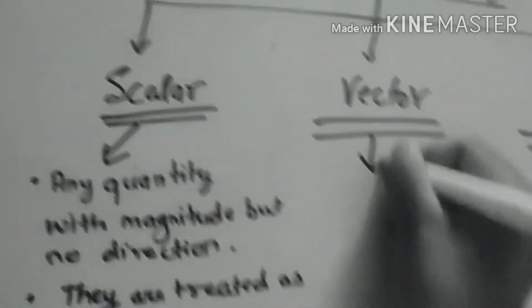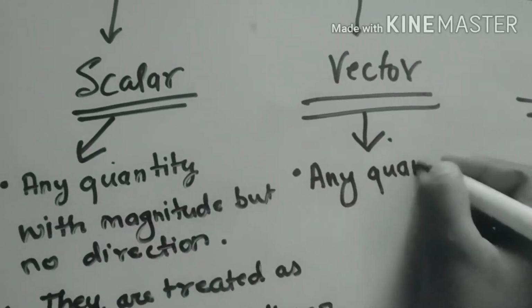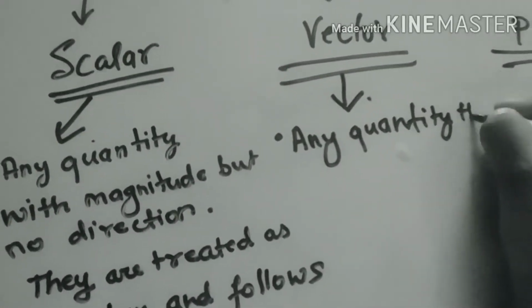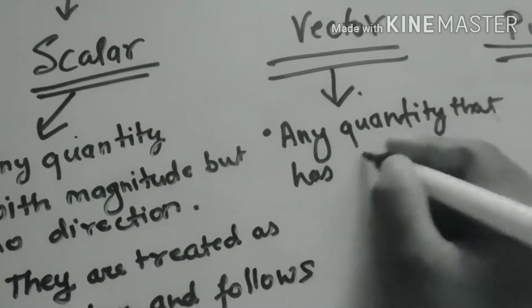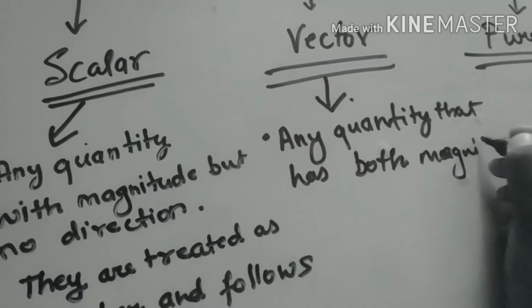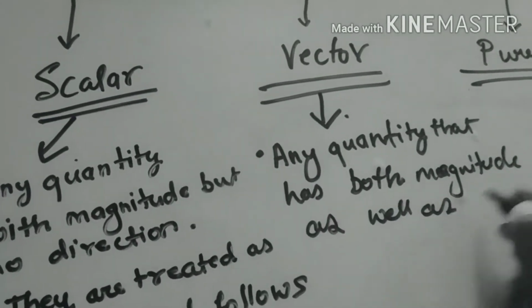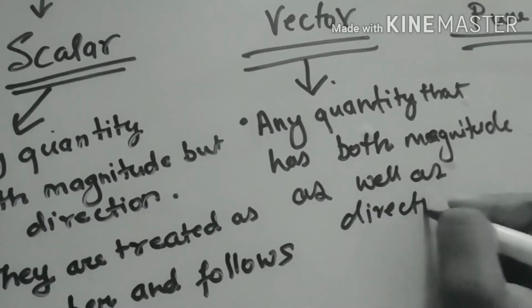Now we'll be discussing vectors. So vector is any quantity that has both magnitude as well as direction.